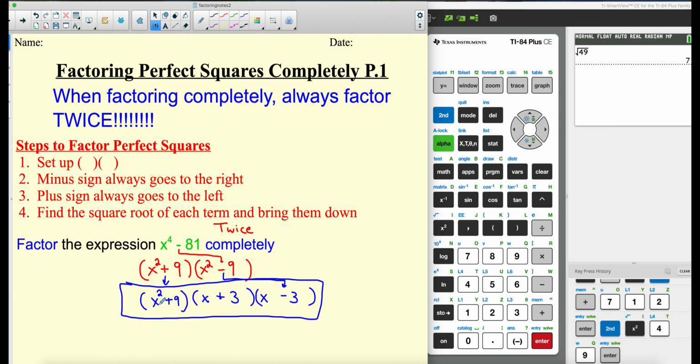Your final answer is x squared plus 9 times x plus 3 times x minus 3. Notice I have 2 colors, red and blue, because I factored twice. Why did I factor twice? Because it said factor completely. Boom. That's all this is.